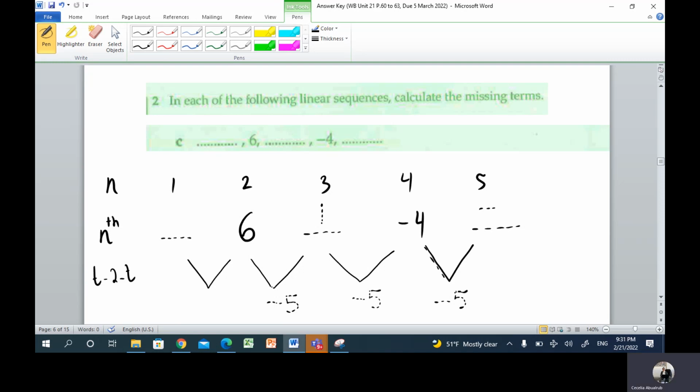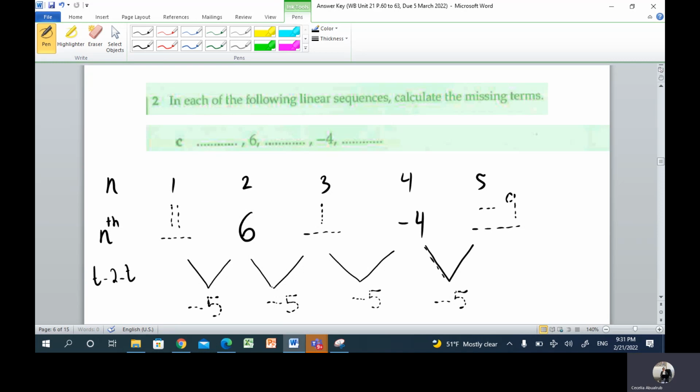The answer will be -4. The answer will be -9. And then the first term, so if we subtract 5, a number that I subtract 5 from to give me 6 is 11, right? So it makes sense.